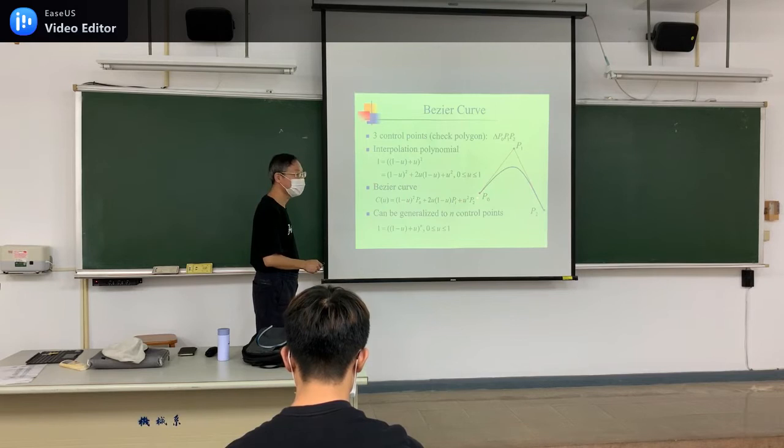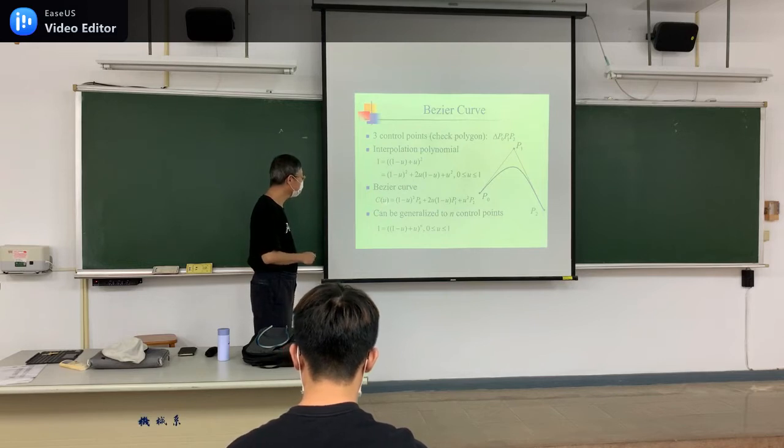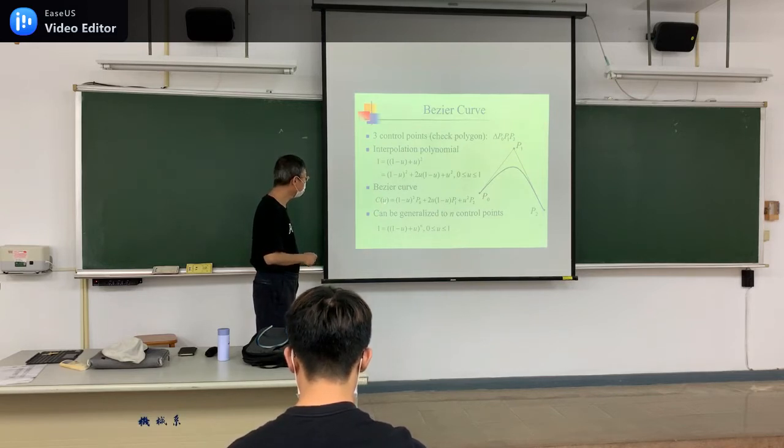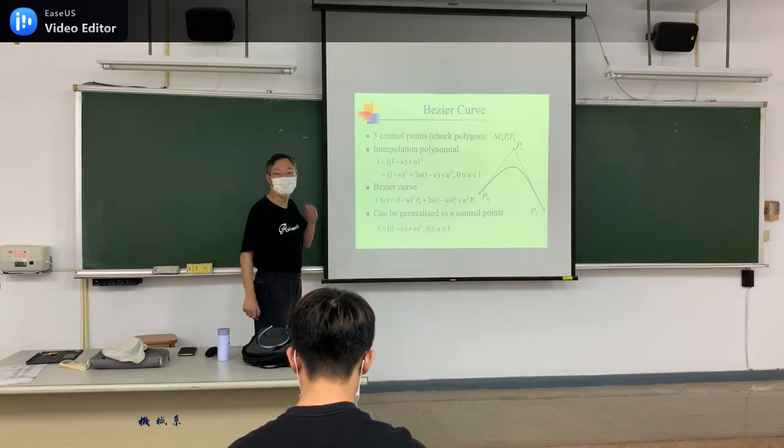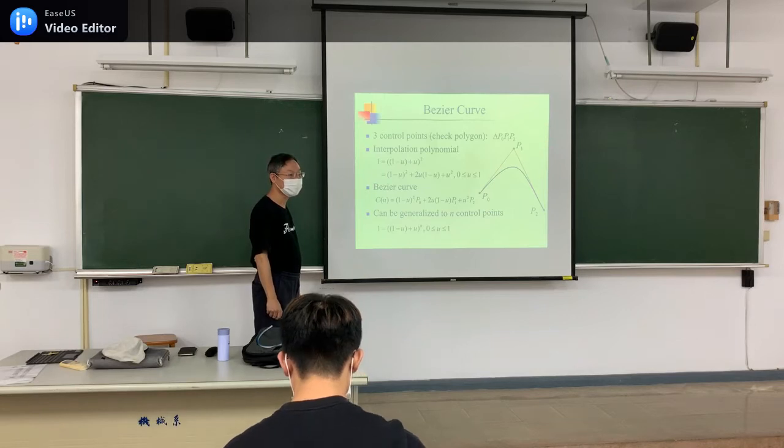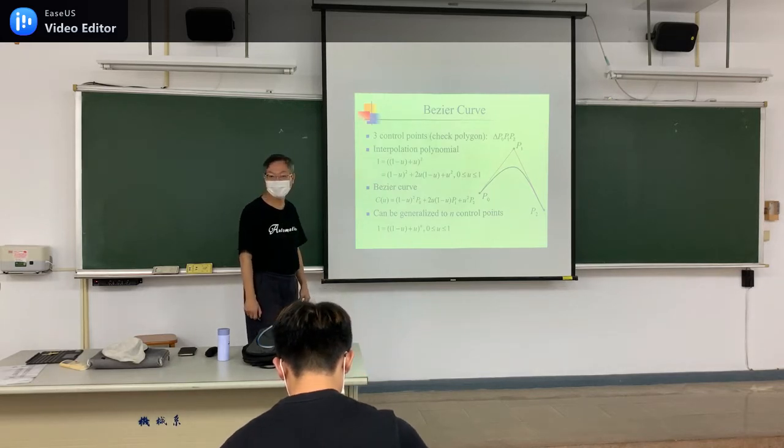So the starting point is P. If u equals 1, this is 0, this is 0, this is 1, it will be P. So when u equals 0, C of u is P0. If u equals 1, this will be equal to P2. Okay? Any question?